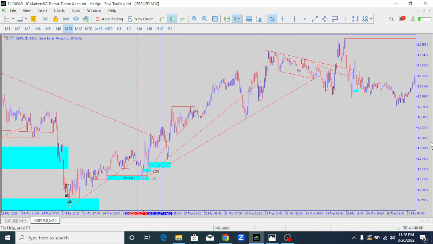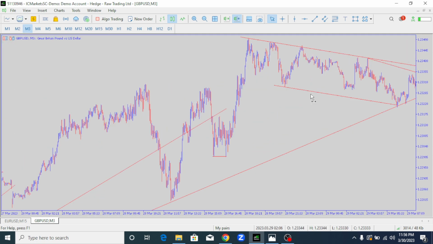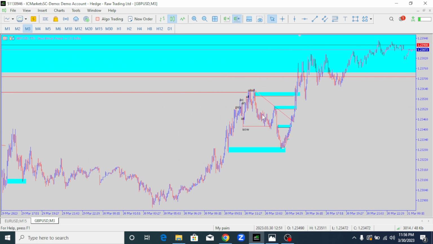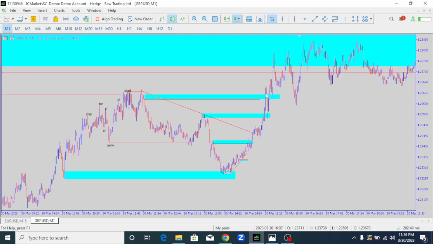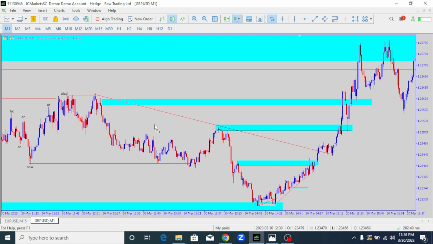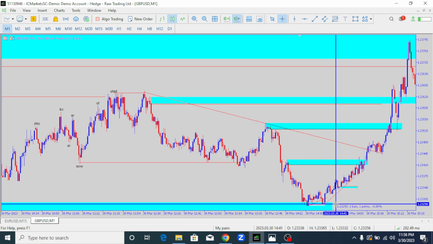And okay, guys, before I close this video, let me share another one here. This counter trend trade I tried, it failed. But this one, you see this one, it had a 0.8 pip stop loss, and I targeted 20 pips.